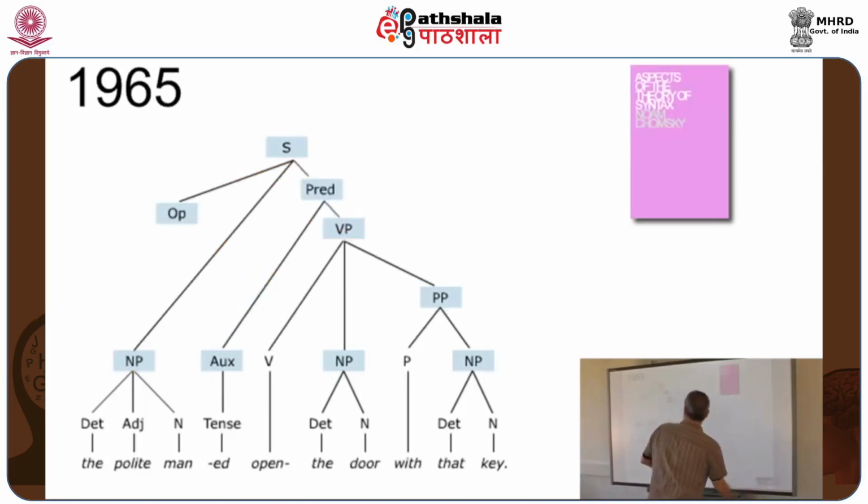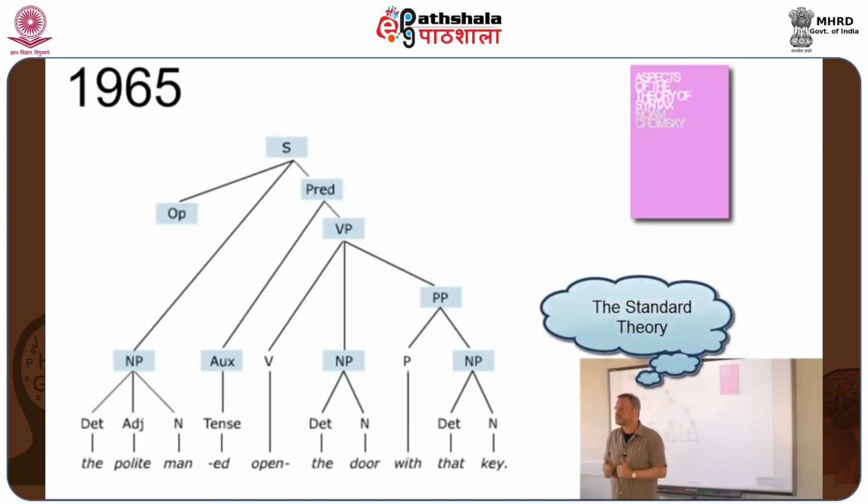Let's look at the successor from 1965. This version was published in Chomsky's influential book Aspects of the Theory of Syntax, and at the time it was referred to as the standard theory. Today, of course, it's no longer the standard theory, but in the 1970s and 1980s it was referred to as such.